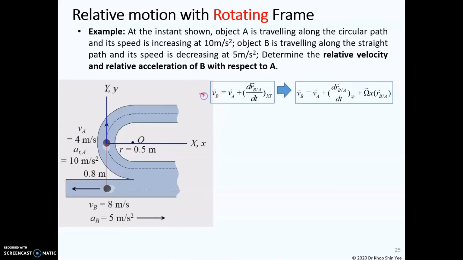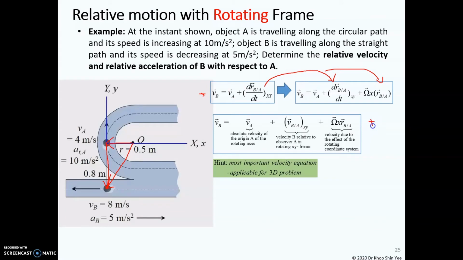Previously, we wanted to find the velocity at point B, which is here, and we can find it by using the relative motion analysis, which is VA plus the relative velocity, which is the change of the relative displacement of point B with respect to time, measured from A. Through the derivation, we succeeded in obtaining two terms from this component, and this equation is the most important velocity equation that is applicable to 3D problems.